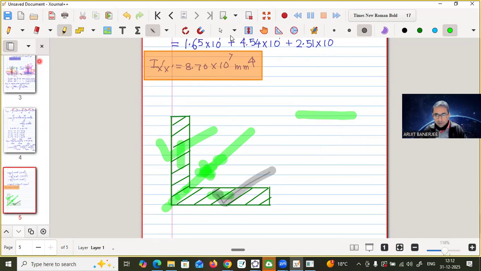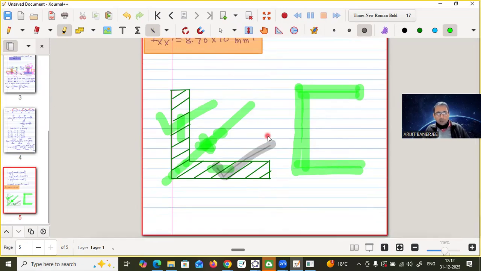Also, for example, if you have a shape like this, say a C section, in that case also you have to calculate the x and the y coordinate both. You may have a C section like this. In that case, you have to determine x and y both. For your practice, I have shown with the T and I section. You can practice these two, but remember that for the L section and C section, you have to determine both. Okay.